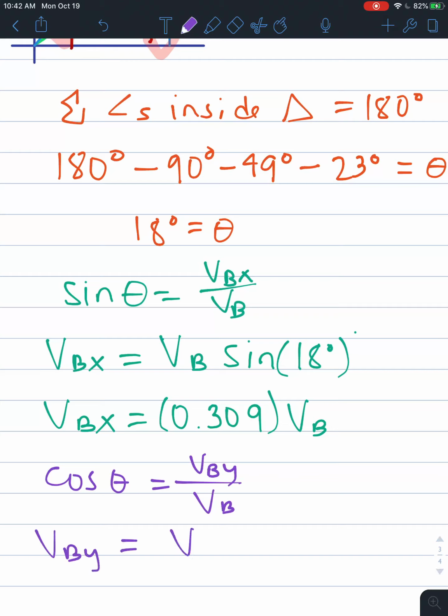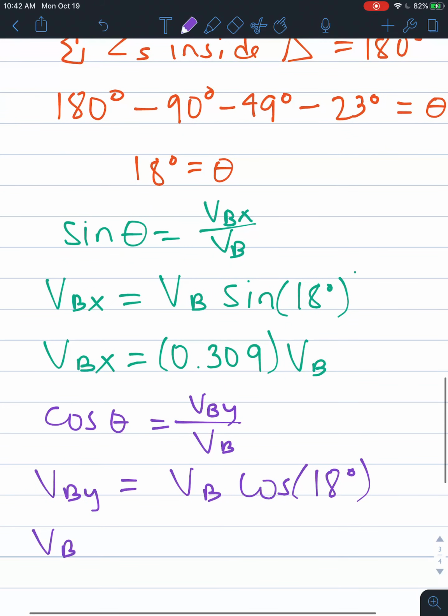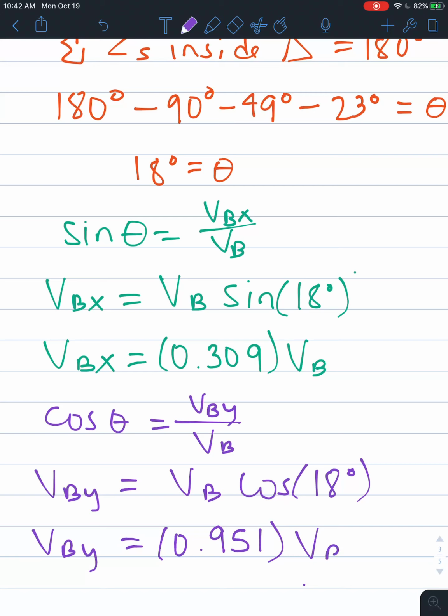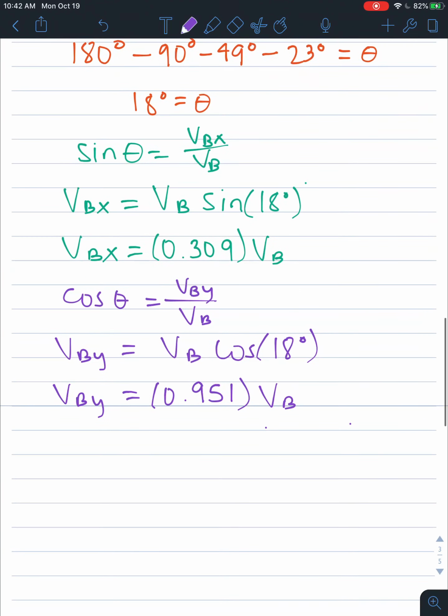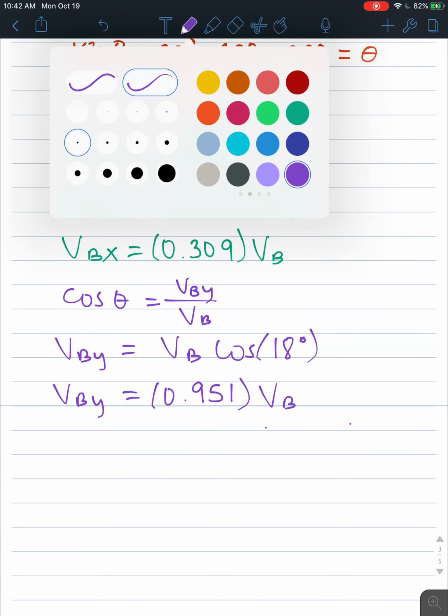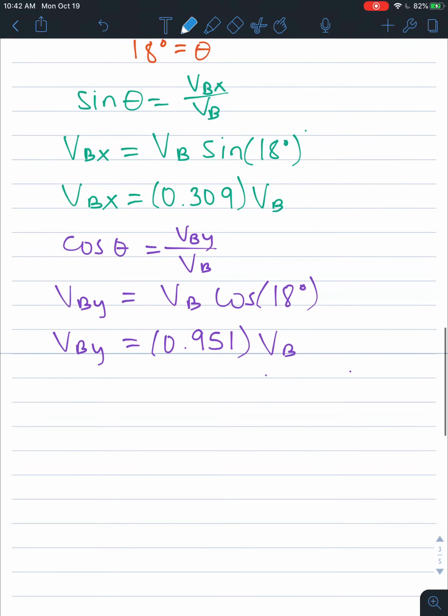So that means that VBY equals VB times the cosine of 18 degrees. So VBY equals 0.951 VB.